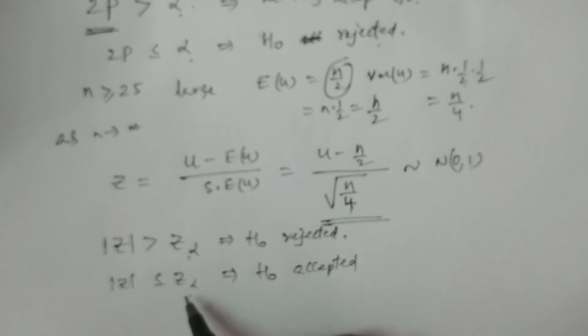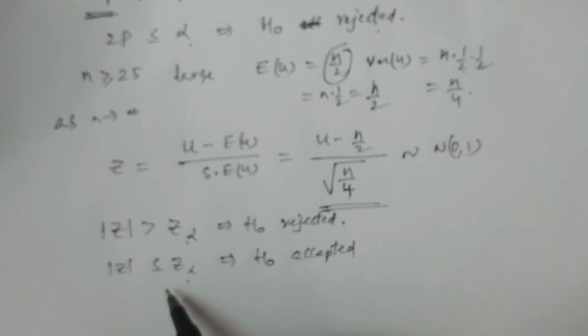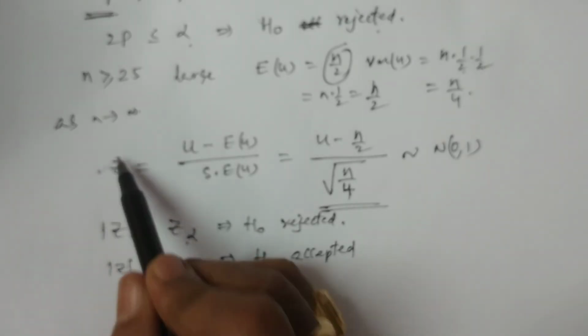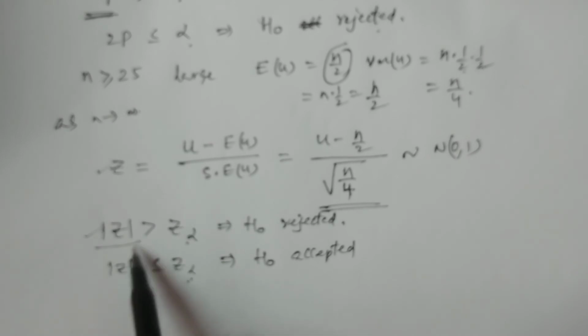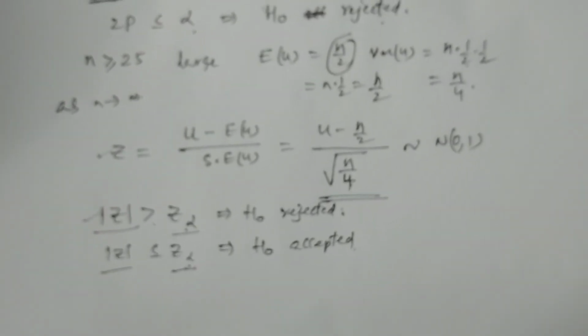Z alpha is the significant value obtained from the normal distribution at alpha level of significance. Modulus of z is the computed value, and z alpha is the tabulated value. So this is the test procedure for the sign test.